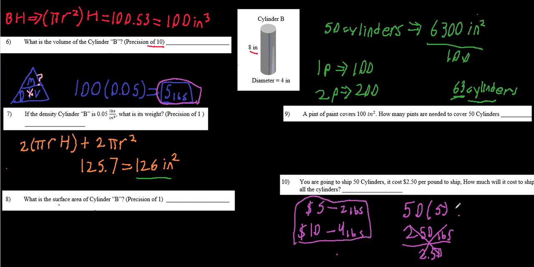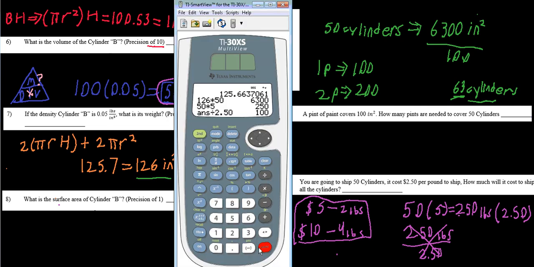So we know there's 250 pounds of material. What happens if we multiply by 5? Or I'm sorry, 2.5, because that's the amount of money, $2.50. Well, that makes more sense because it's $2.50 for every pound, so 250 pounds should be 250 times 2.5.